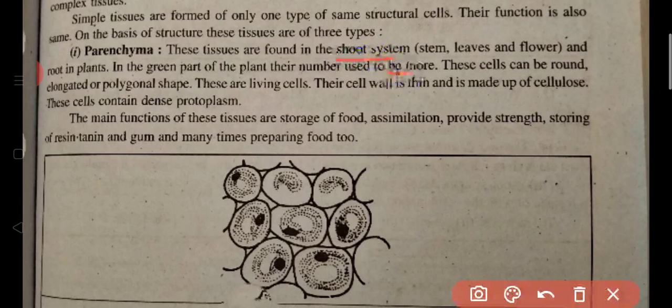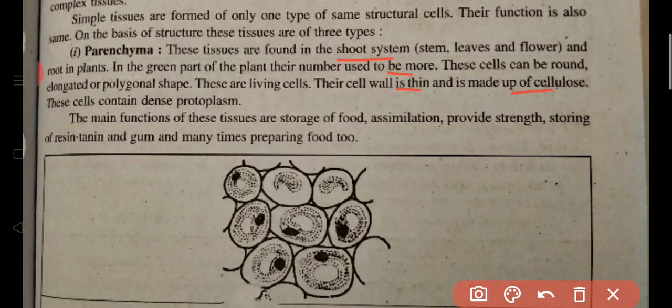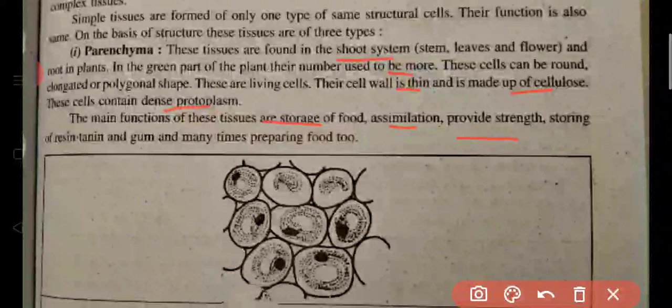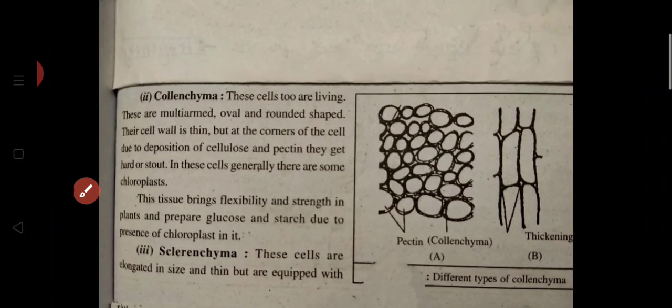Their cell wall is thin and is made up of cellulose or pectin, and these cells contain dense protoplasm. The main function of these tissue is storage of food or assimilation, or provide strength, storing resin, tannin, gums, and many times preparing food too, because they contain chloroplast in it.